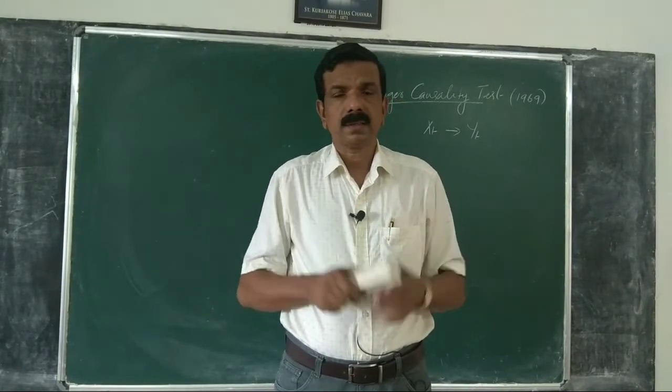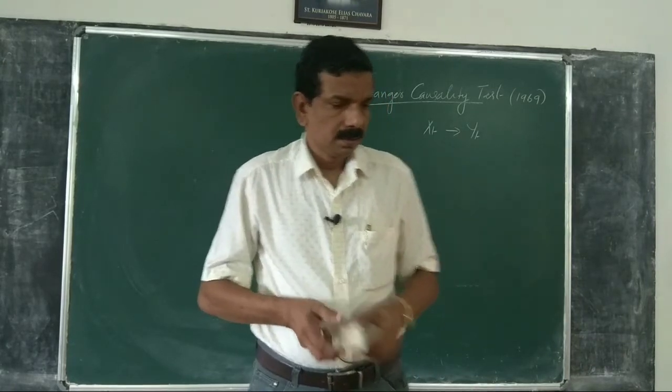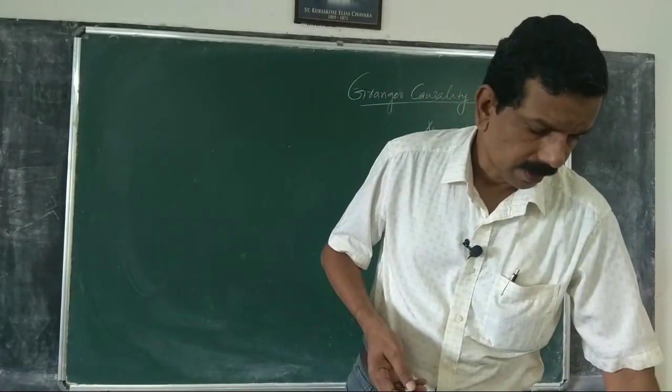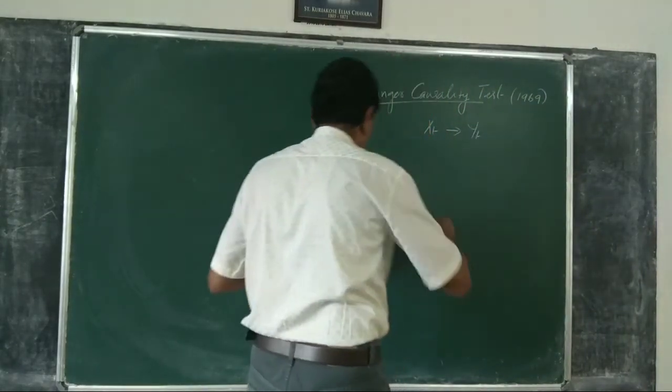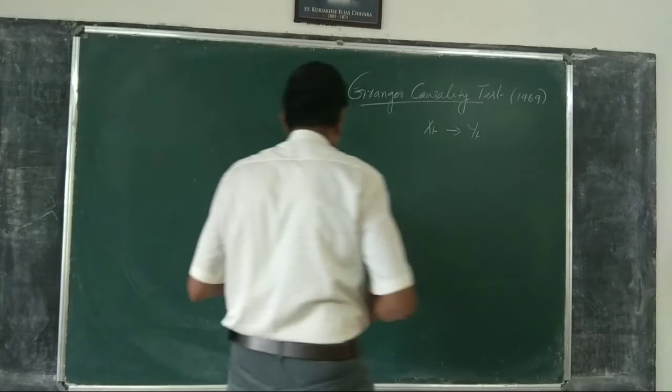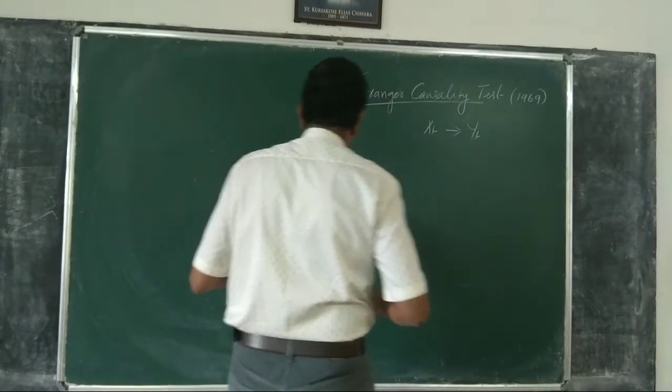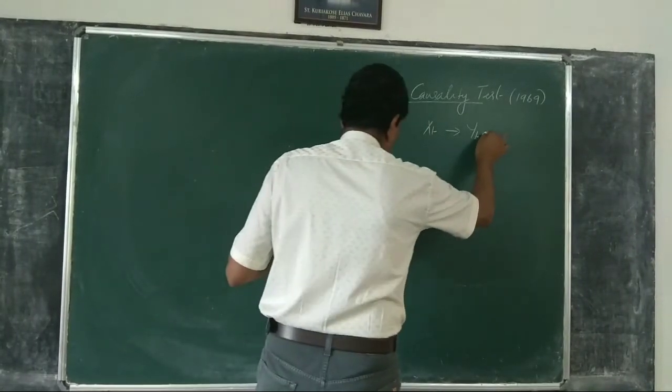Now let us consider an example to see what is meant by the Granger causality test. Consider two variables xt and yt and a VAR model.